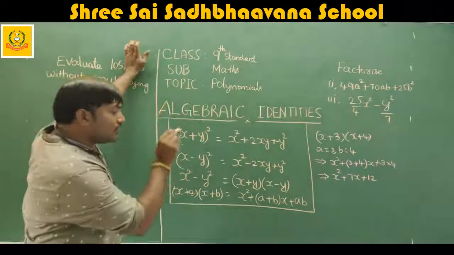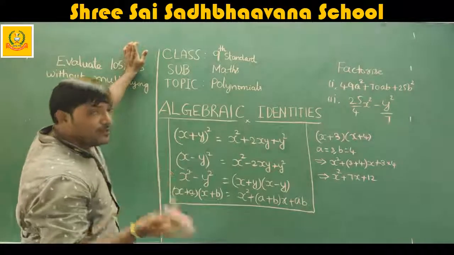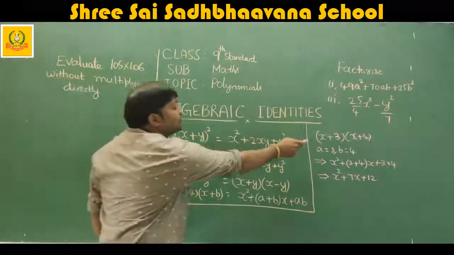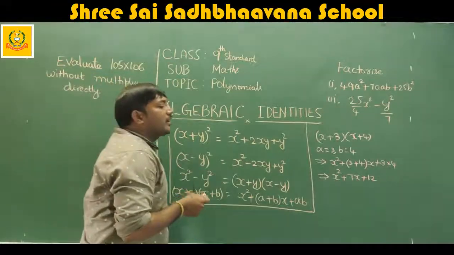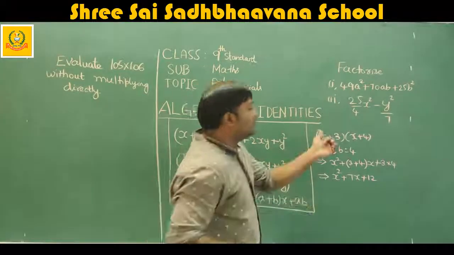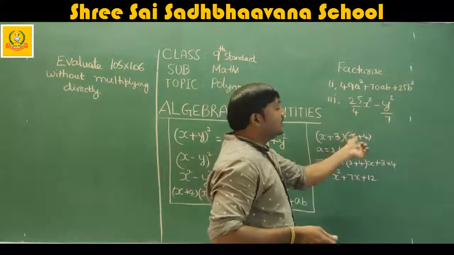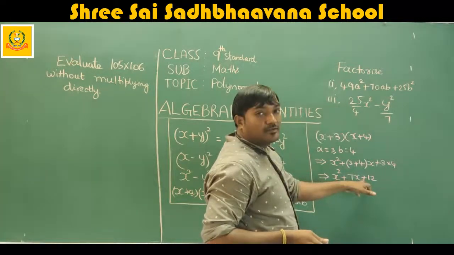Now why are these identities useful? Where do we use them? Actually, the same answer, x square plus 7x plus 12, you will get by multiplication also. It means multiplying this term with this term, term by term. If you do that, at last you will be left with the same answer.